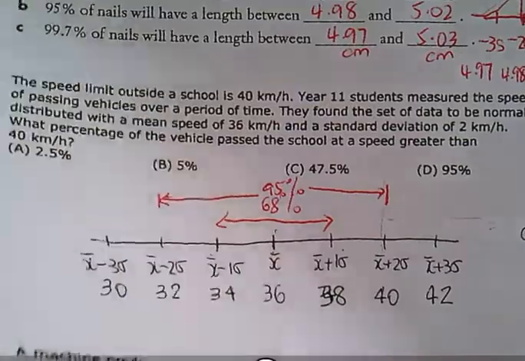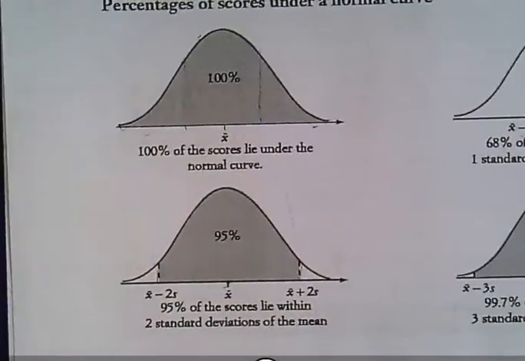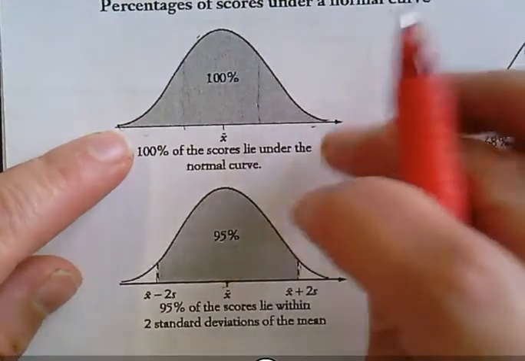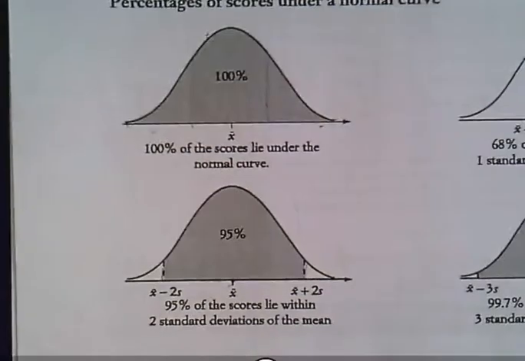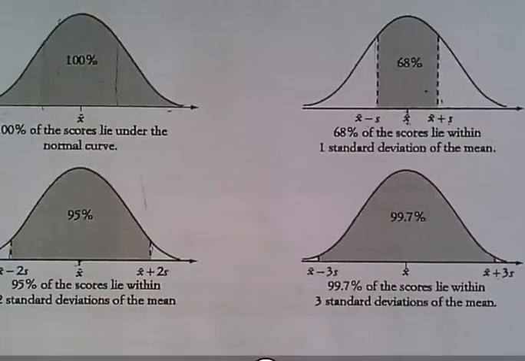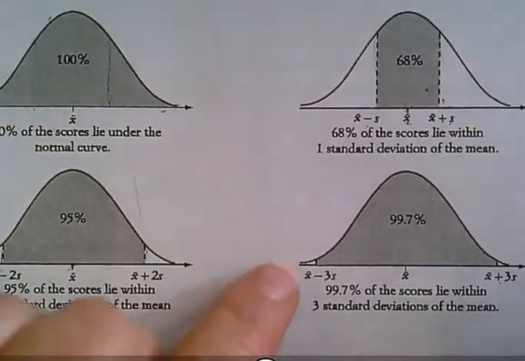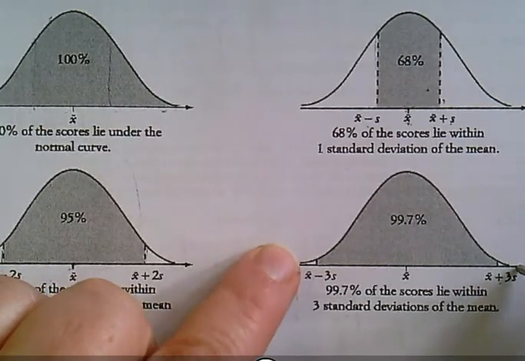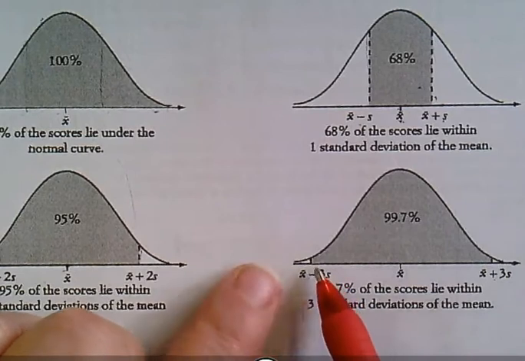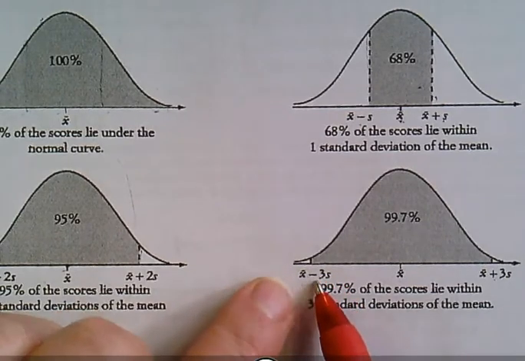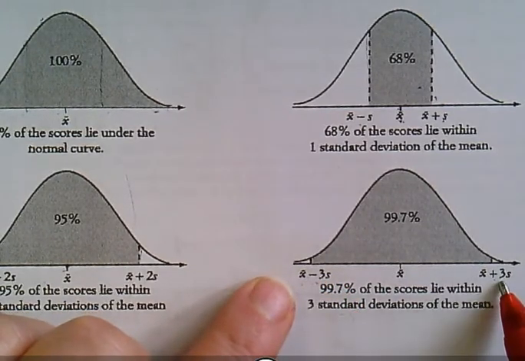There was one thing that I haven't mentioned. I want to come back here to the first graph. You need to come back with me. Something here. You know how this is 100%? You know the 3 standard deviations, they don't do everything. There's still a small amount of the population that's not accounted for. Because this is only 99.7% from the mean minus 3 standard deviations to the mean plus 3 standard deviations.